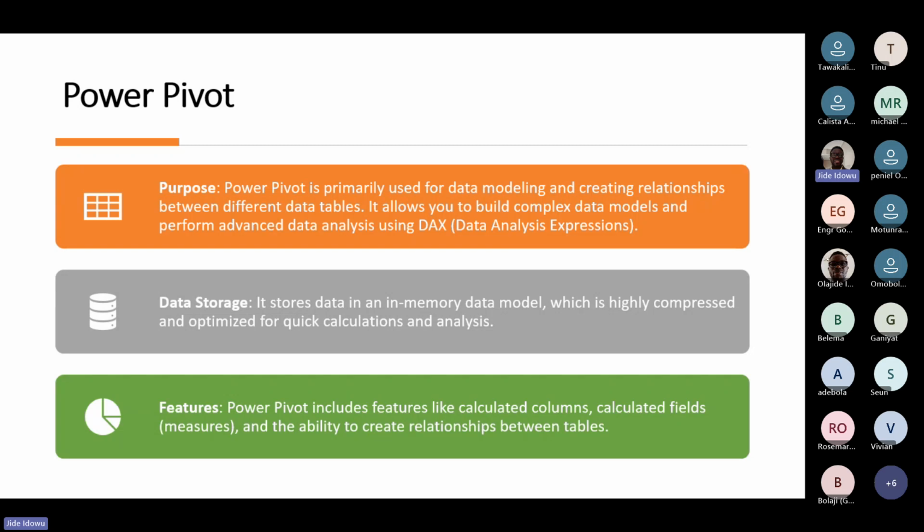Another point is data storage. Excel has limitations in terms of volume of transactions. In case you're wondering what I am saying, one row is a transaction. It's referred to as a transaction. So Excel has a limitation in terms of the number of rows that it can actually process.